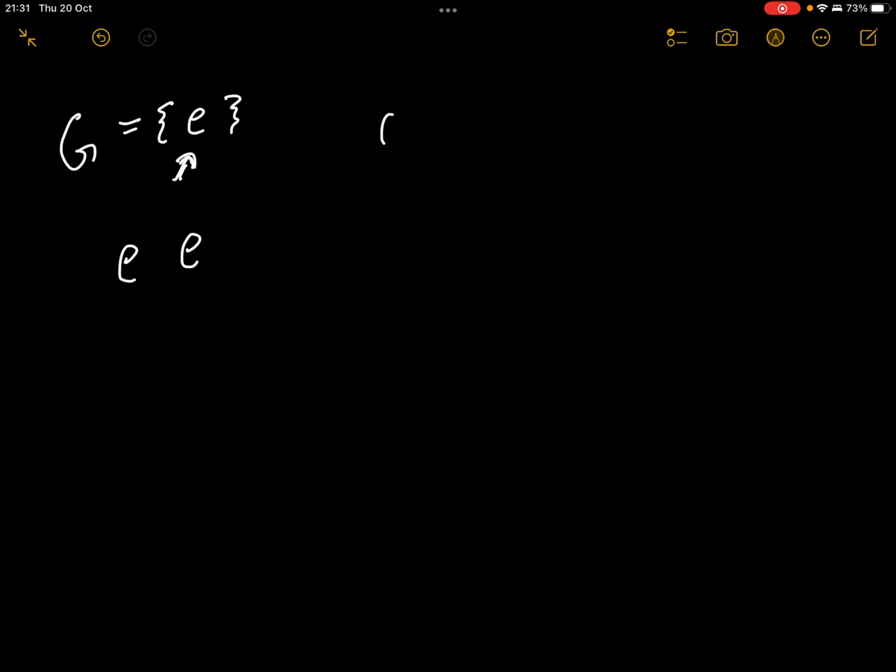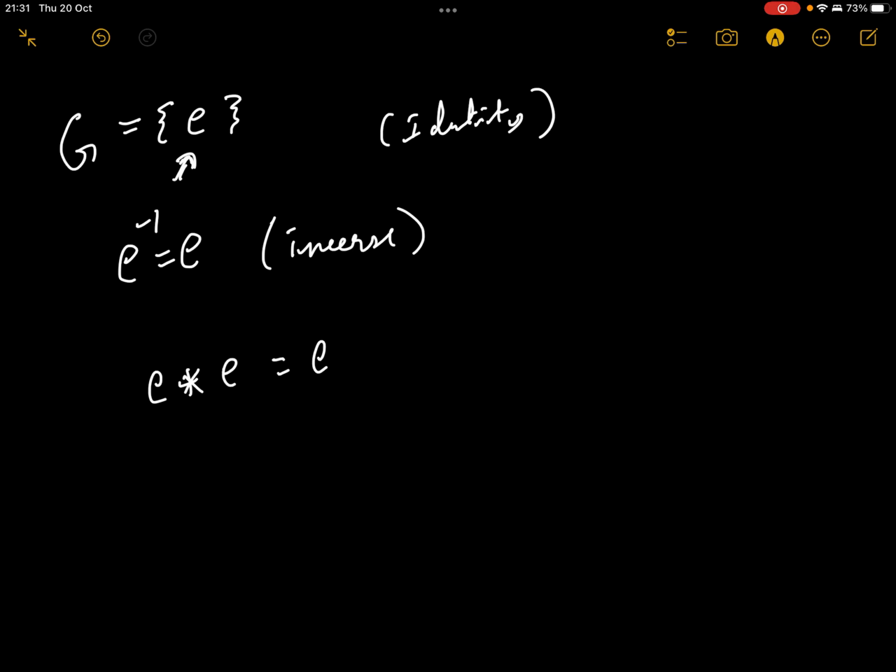So we have an identity, and we have an inverse for every element. Is it closed? Oh yeah. We just have to check whether the identity times the identity is the identity, and it is by definition, so it's closed.